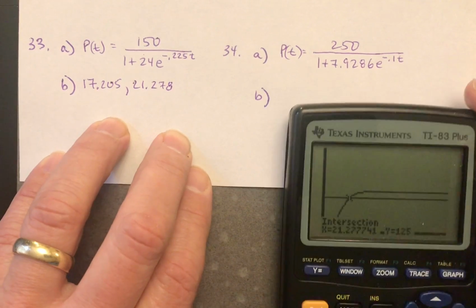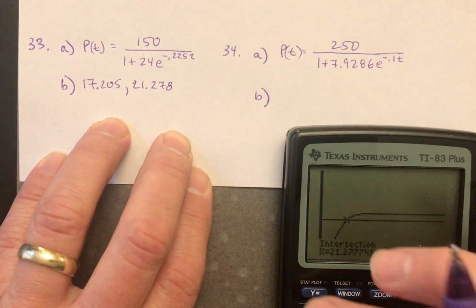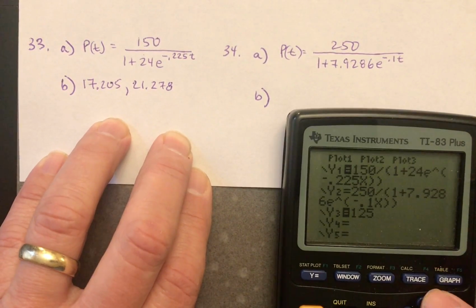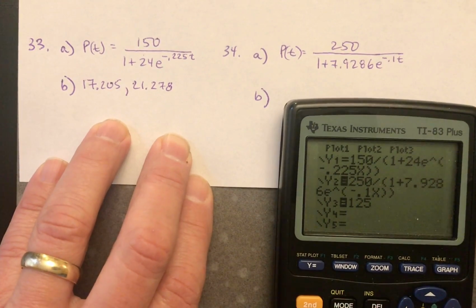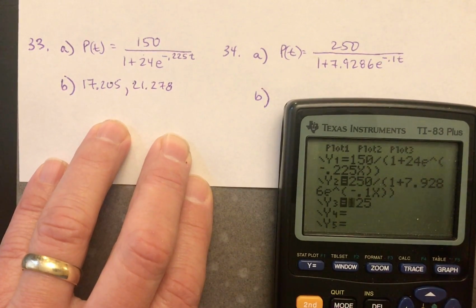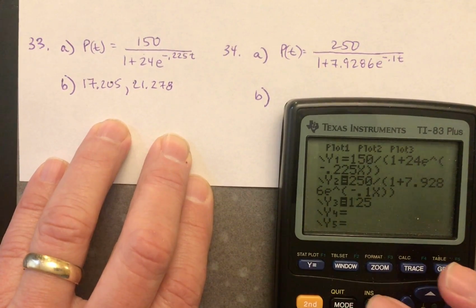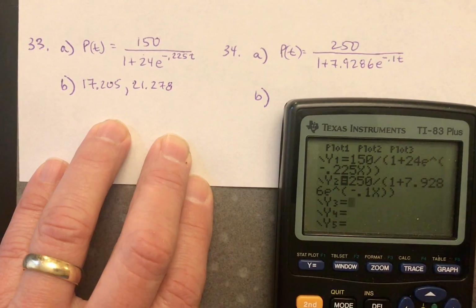Now 34, they're asking a little bit different question. So I'm going to take off the highlight here, and I'm going to highlight the equation in Y2. And I don't want this to be 125. Okay, I want this to be 250.